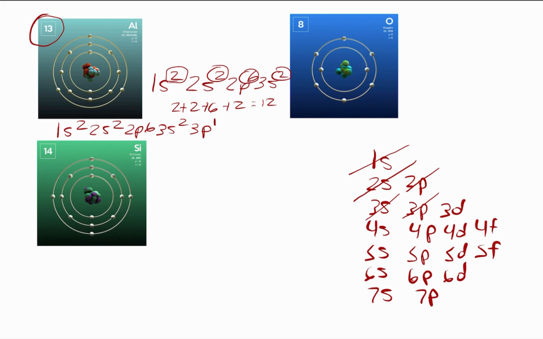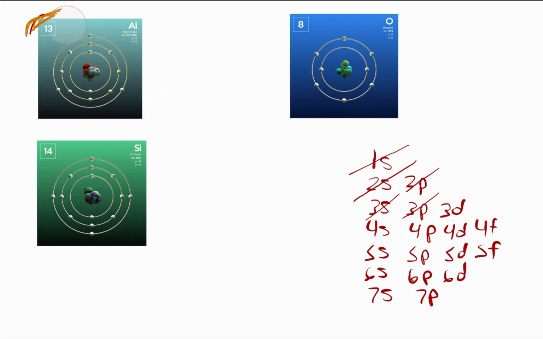That way now we have 2, 4, 10, 12, and 13. So this would be the electron configuration for aluminum. Pretty cool, right? You add up those exponents and it'll give you the amount of electrons that you are looking for. If you ask, you shall receive, right?